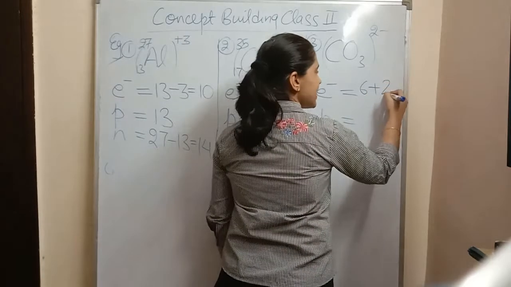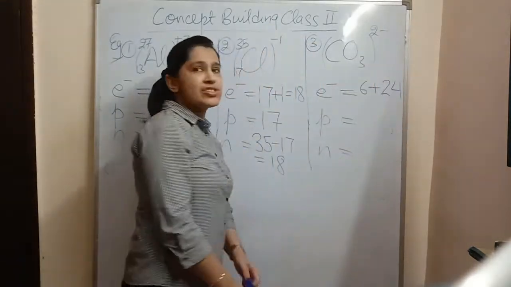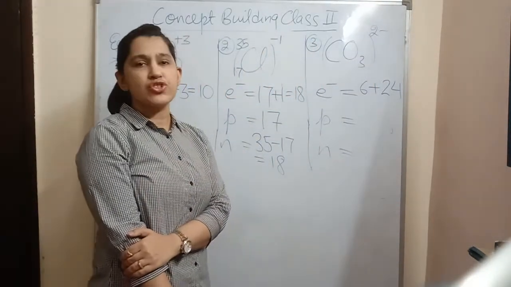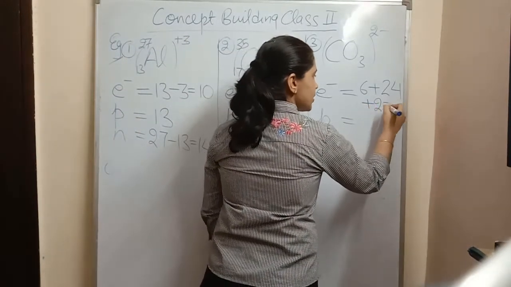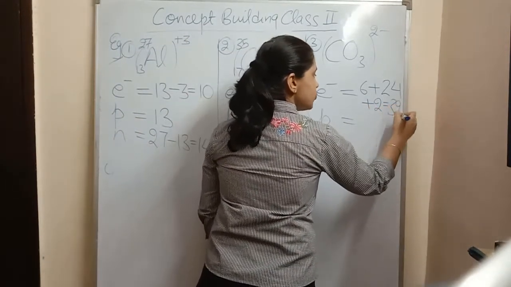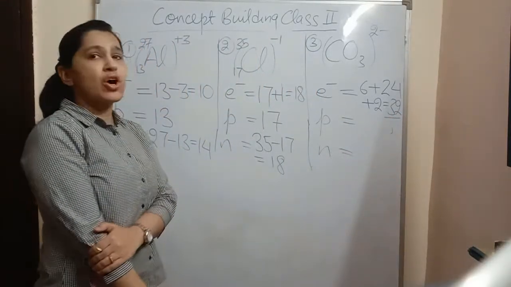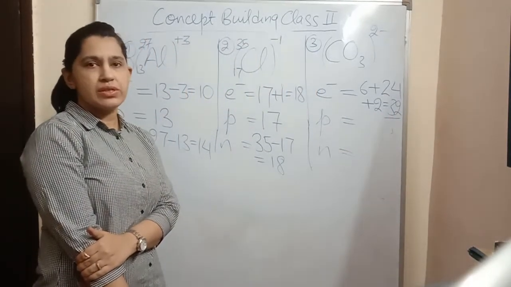So 6 plus 24. And how much is the charge? The charge of minus 2 is there. So that will be adding 2 electrons. So what does it become? It is 32. So 32 electrons in carbonate ion.